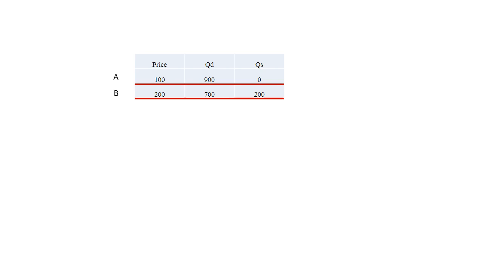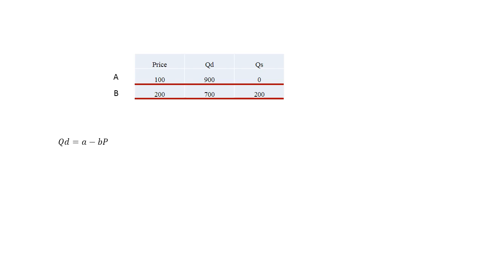So you can use any 2 points. What we want to find is our demand function. The formula you have to use is QD = A - BP. This is the formula to get the demand function.